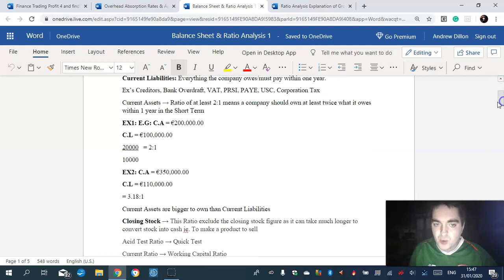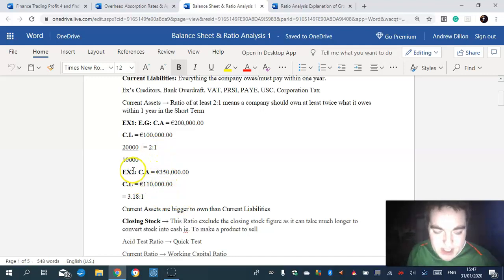So example 1: C.A is current assets, which is 200,000, and C.L is current liabilities, which is 100,000. So 200,000 of current assets over current liabilities of 100,000, the answer is 2:1.